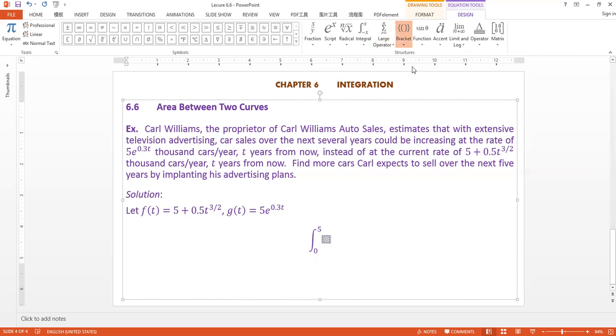And the integral is g minus f. Okay, remember g is the new plan and f is the current plan.